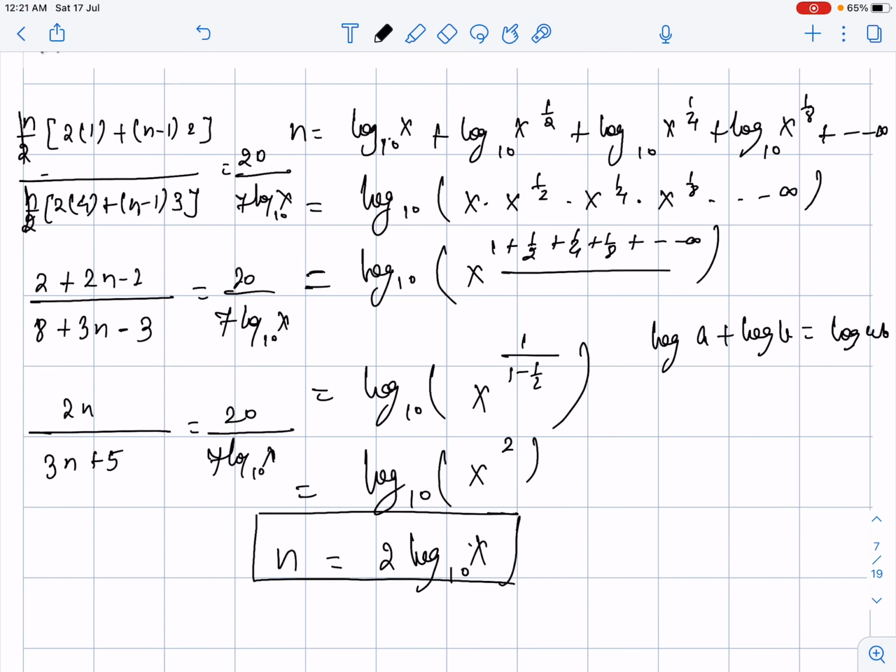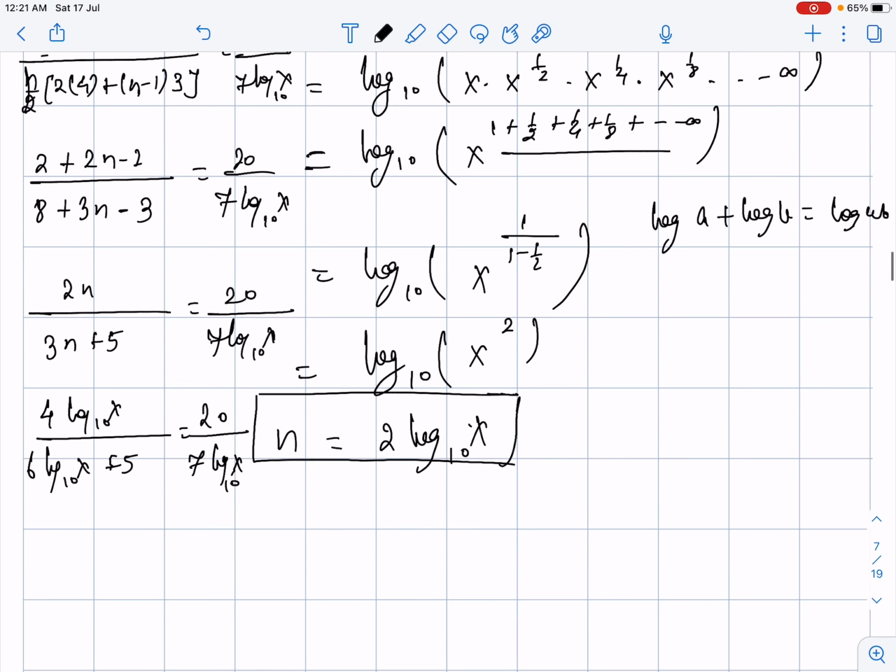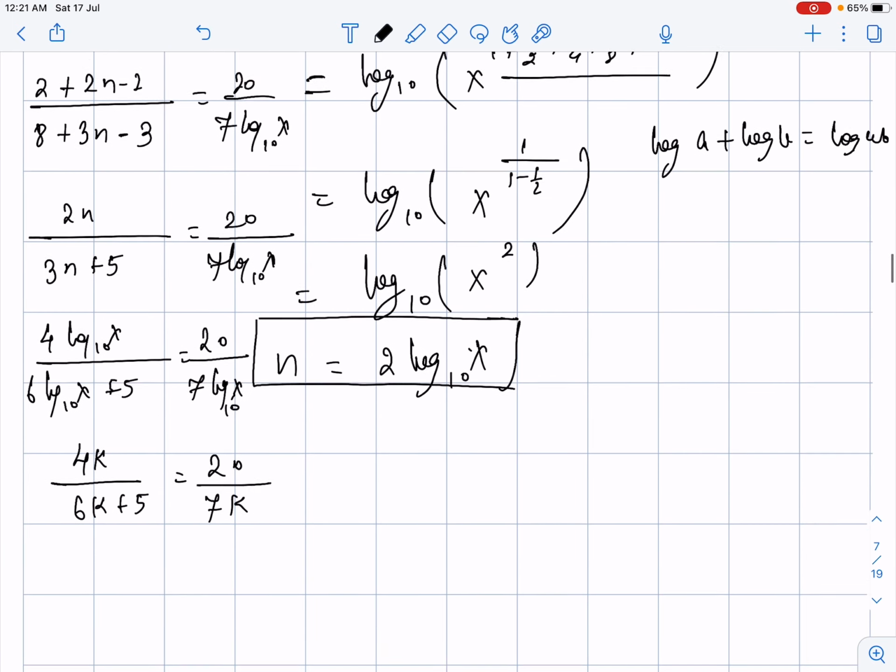Now the value of n is 2 log x base 10, so 4 times log of x base 10 divided by 6 times log of x base 10 plus 5 is equal to 20 divided by 7 times log of x base 10. Let's assume log of x base 10 as a variable k, so 4k divided by 6k plus 5 is equal to 20 by 7k.